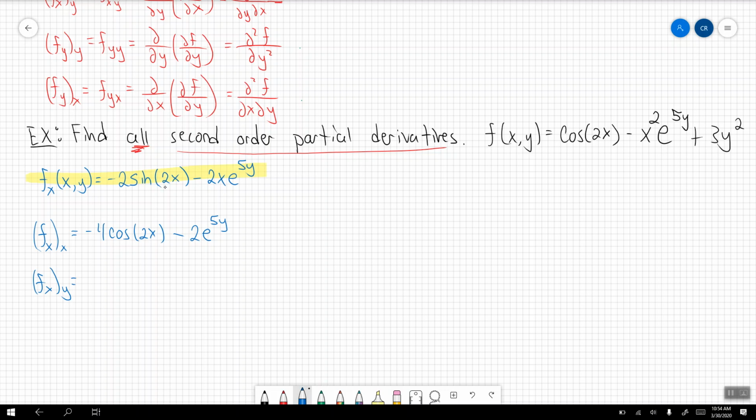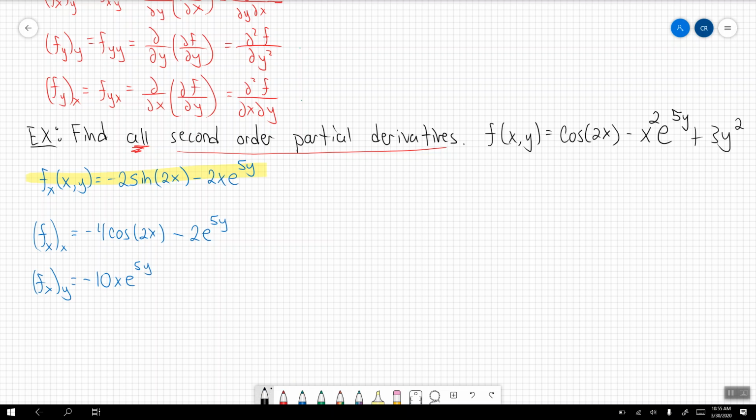First term does not contain a y, that's a constant, so it's going to be 0. Second term does contain a y, I need to take that derivative. So we now get minus 10x e to the 5y as our second order partial derivative, first with respect to x, then with respect to y.